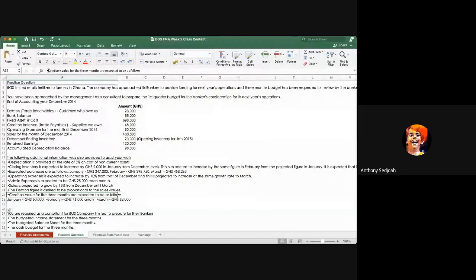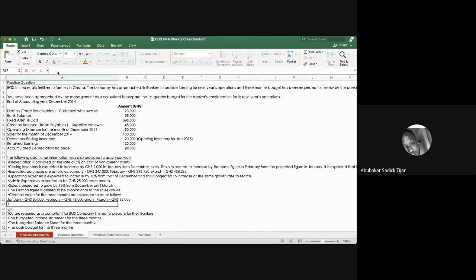Yes, like equity. You see, the question didn't give us equity or capital. Right now we are preparing a balance sheet and I want to know what the capital is. So how would you have arrived at the capital? The profit. No. The retained earnings, the profit. Okay, you said retained earnings, profits.